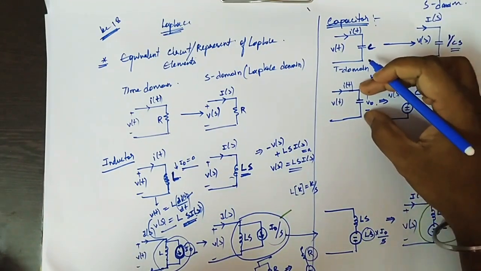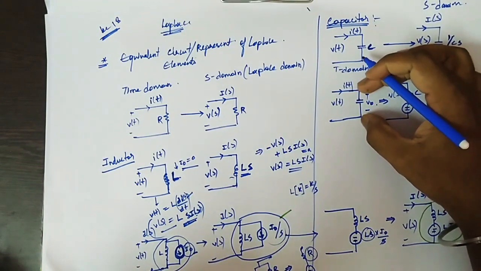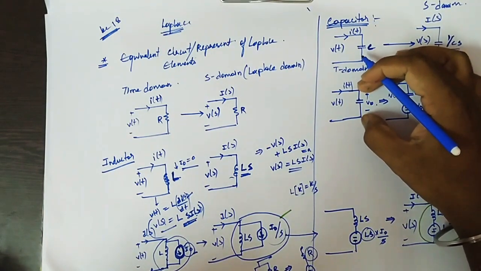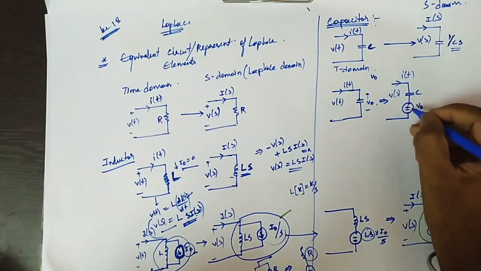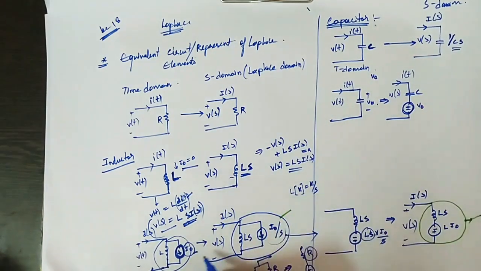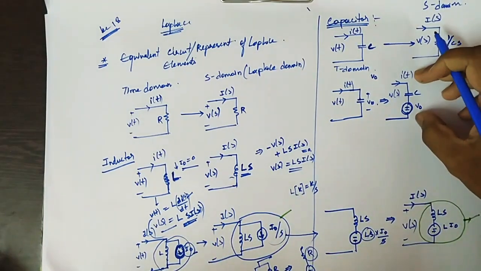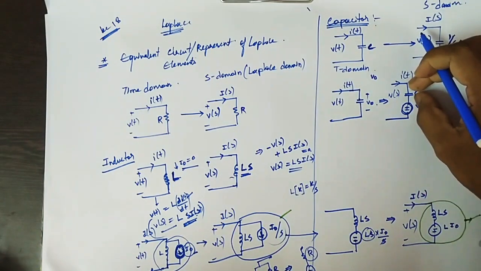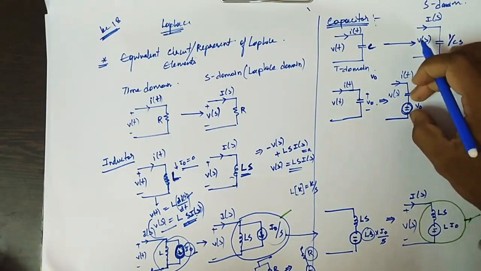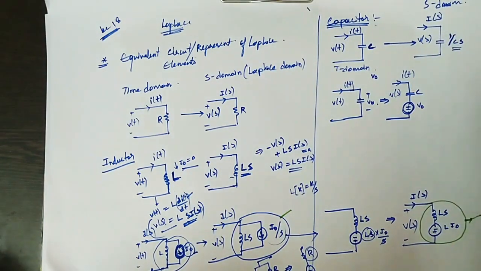So the voltage will be built in the branch only. That's why I represented the voltage in series here, but the current source should be represented in parallel form. Okay, you need to understand that the complete voltage will be developed in the branch only. So the sum of these two built voltages will be calculated later.